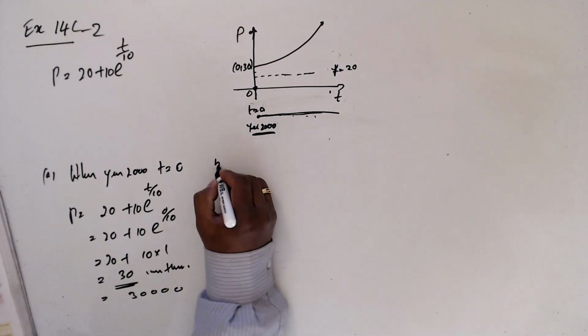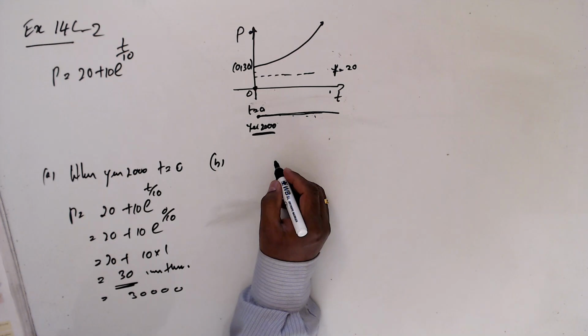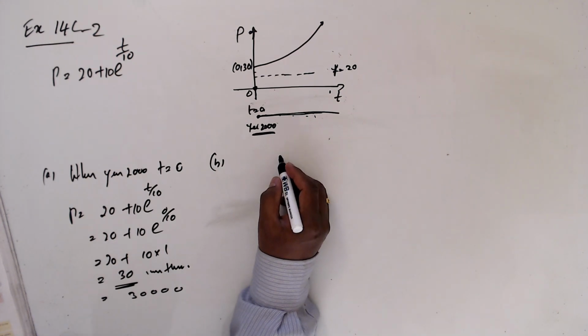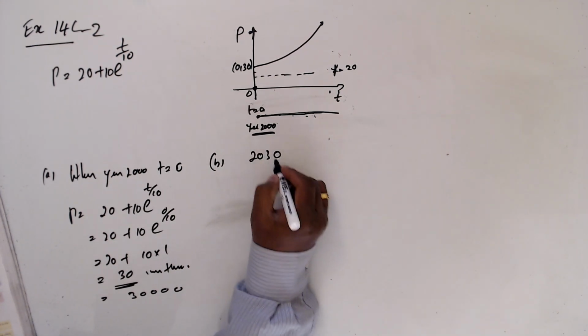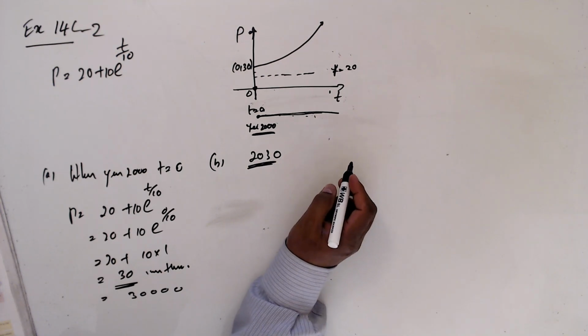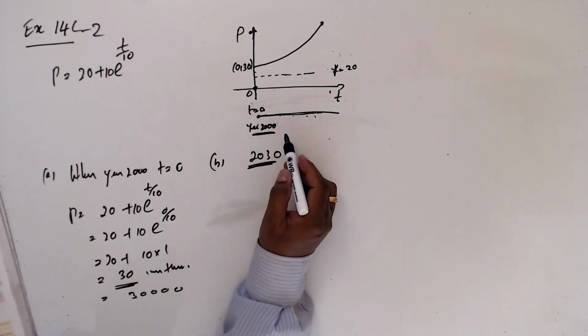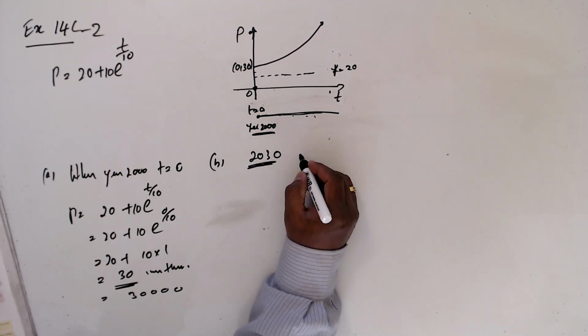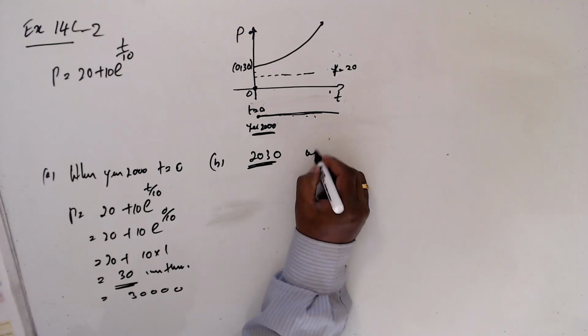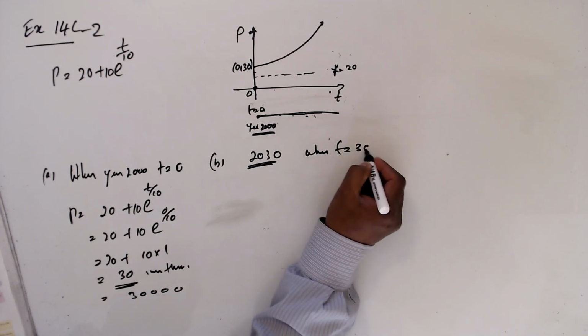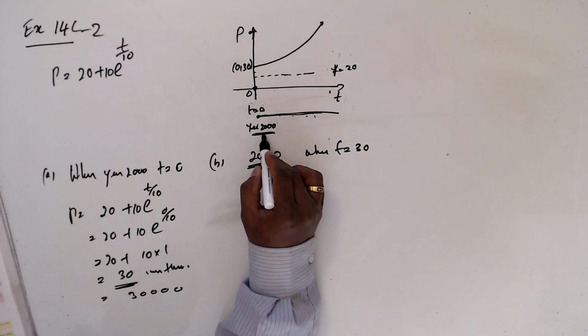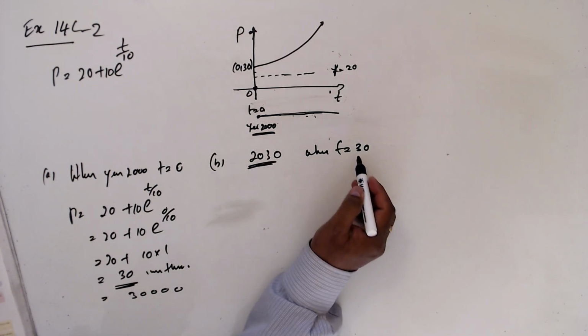Question B. Use the model to predict the population in year 2030. It means when T equals 30, because T equals 0 is 2000 and the other is T equals 30.